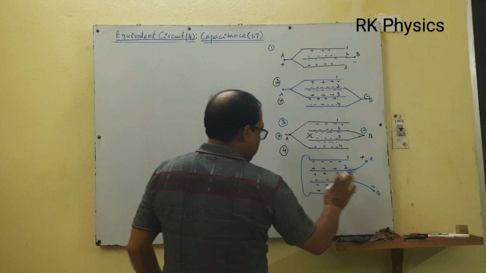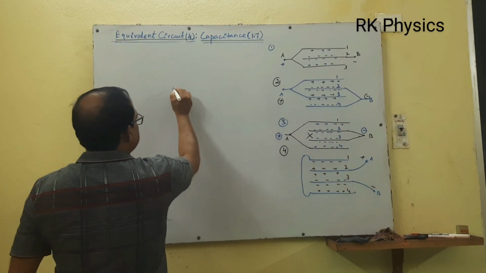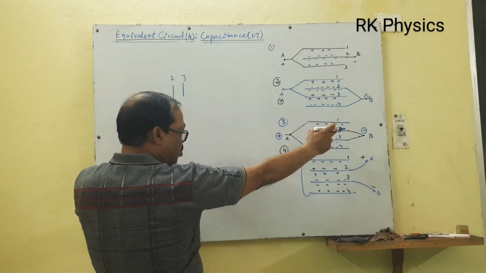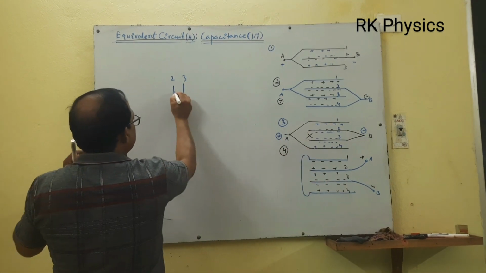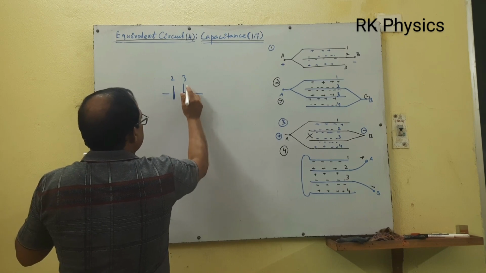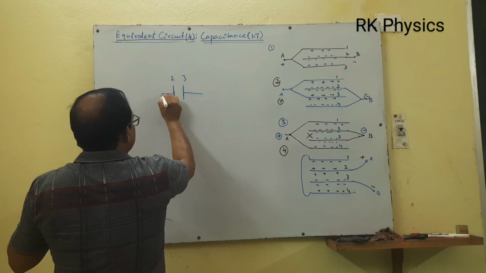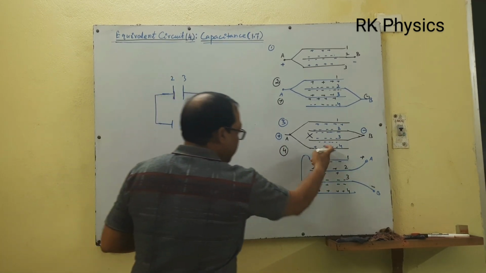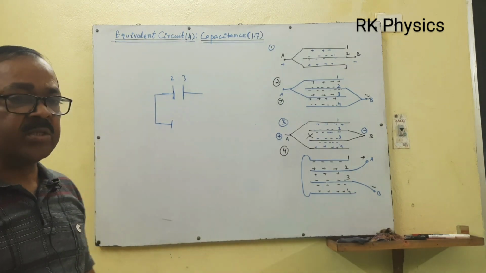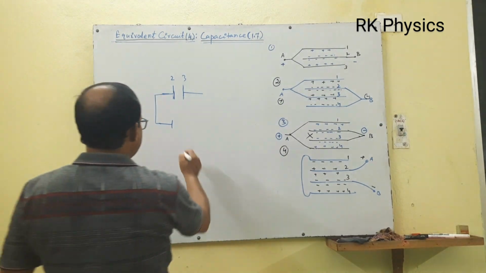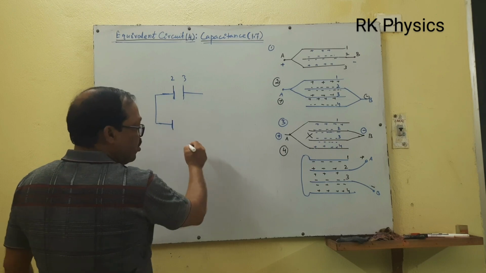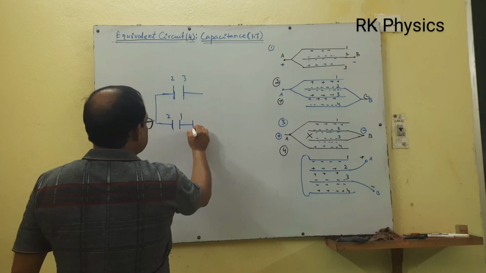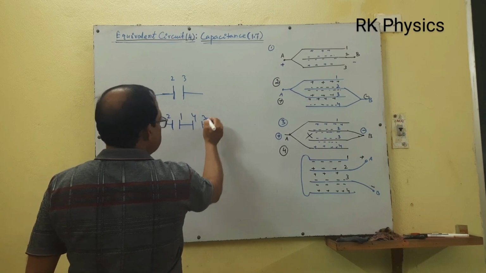First we know 2 and 3 they are parallel, so this is 2, this is 3, 2 is connected to A and 3 is connected to B. Then 2 is connected to 1, and 1 and 4 are neutral. So this is 2, this is 1, then this is 4, this is 3.